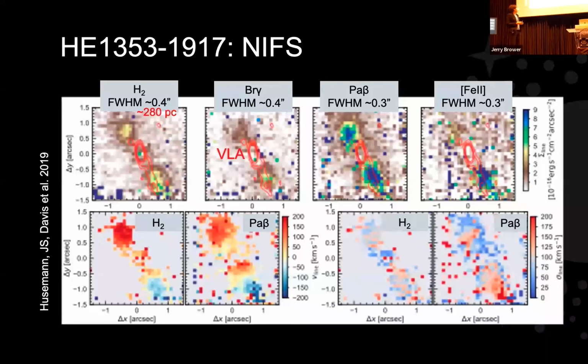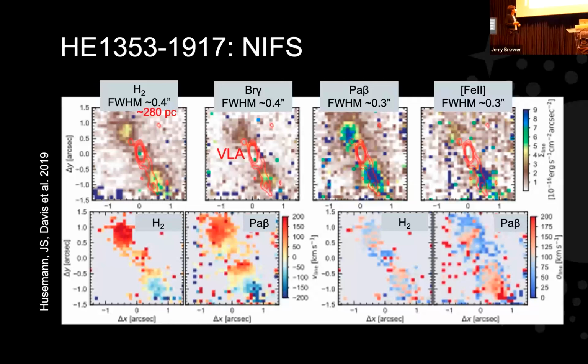So there might be some jet-driven interaction scenario, which is further supported by the kinematics, which can be seen in the lower left, which shows that there is a gradient in kinematics through the southern emission peak, which might indicate some driving of gas through mechanical interaction with the radio jet.